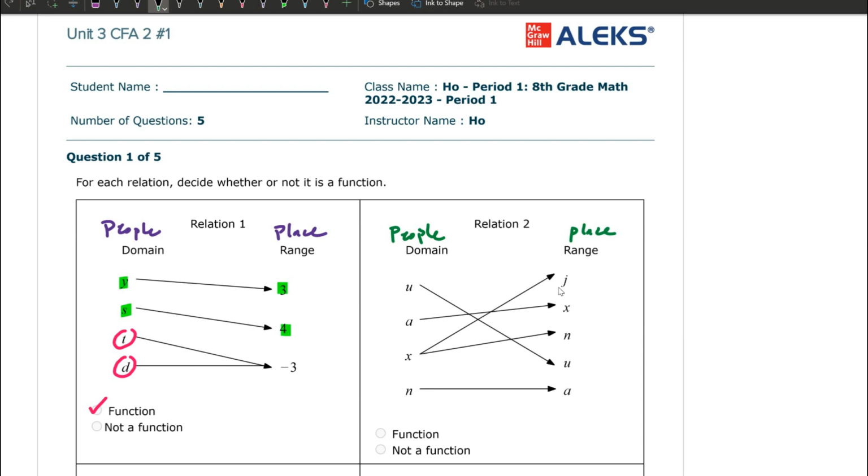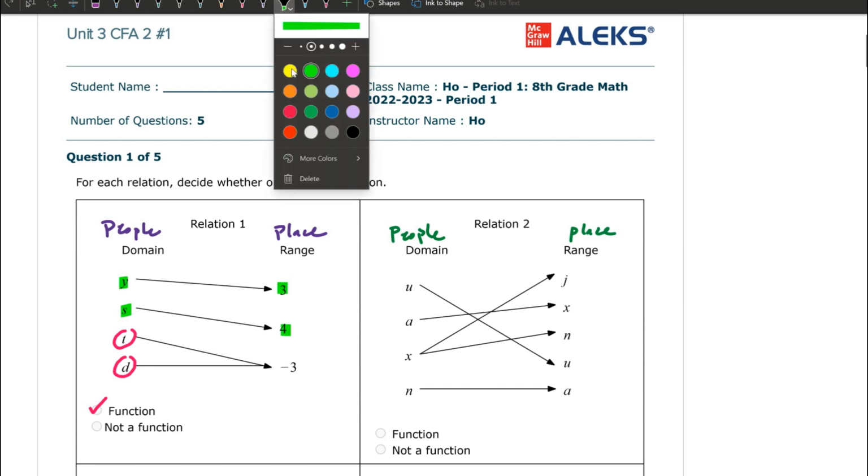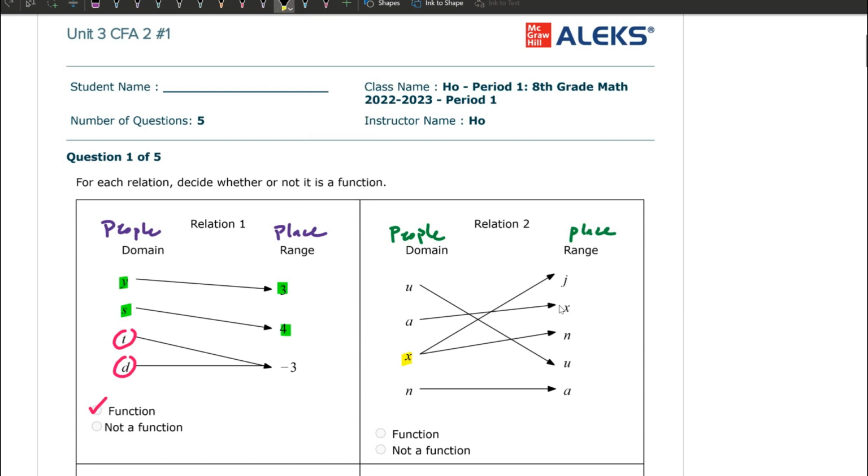X going to J, and X going to N. So this is the problem already. Your X goes into 2 different places. X goes to J and X goes to N at the same time. So that's not possible. This is the problem. X can't be at 2 places, so it's not a function.